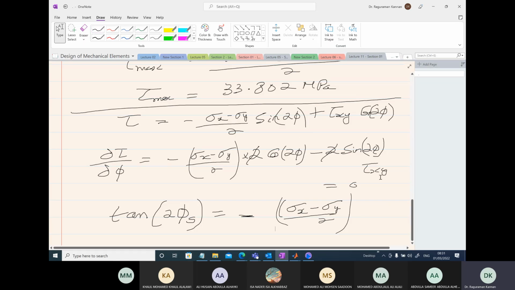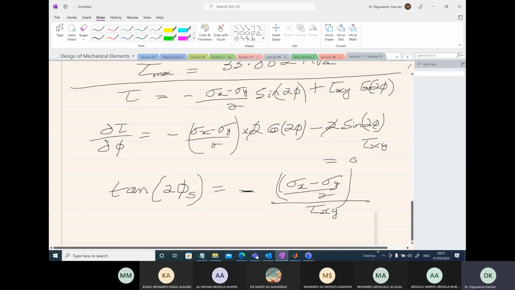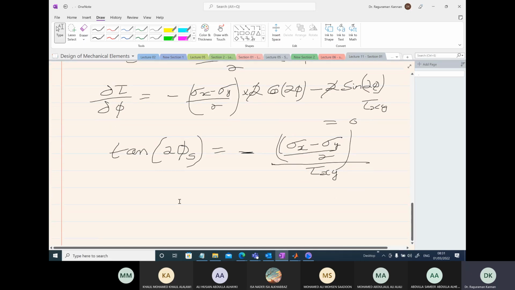We have taken the cosine 2 phi to the denominator on the right hand side, and then we have the tau xy here. So this is the formula we get for the maximum shear stress direction.